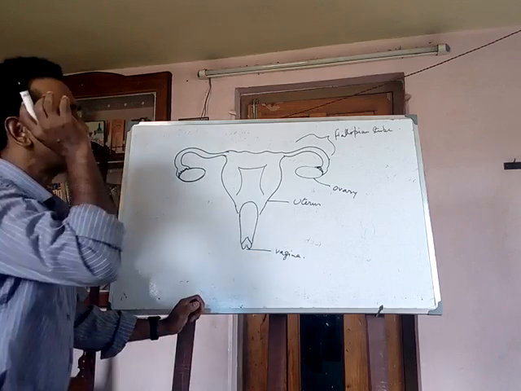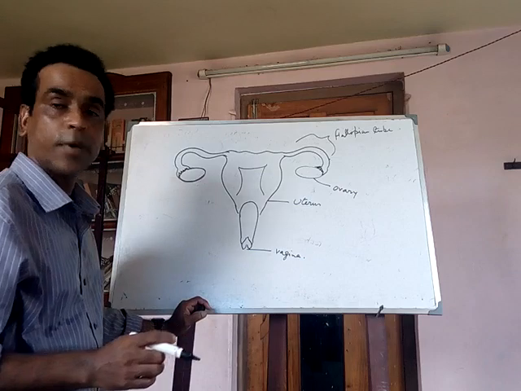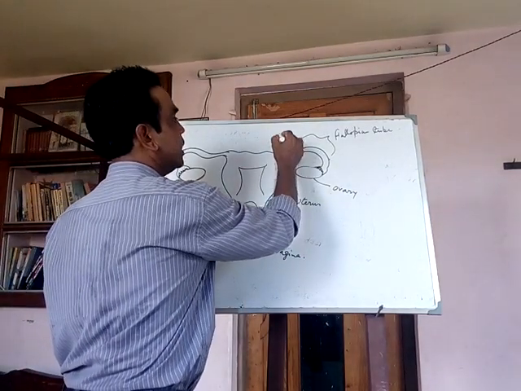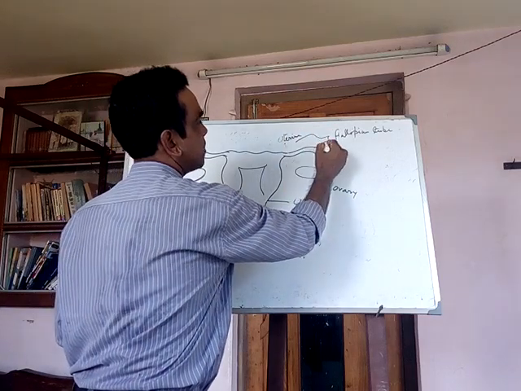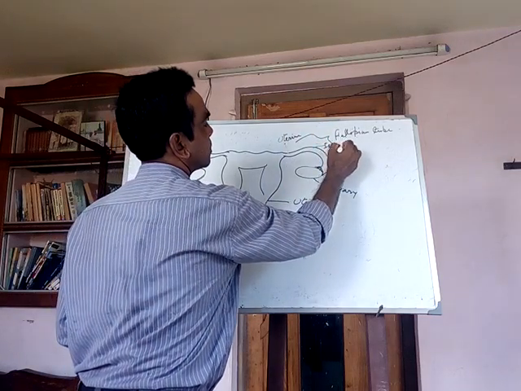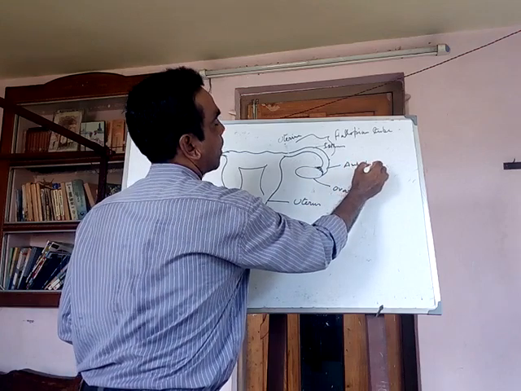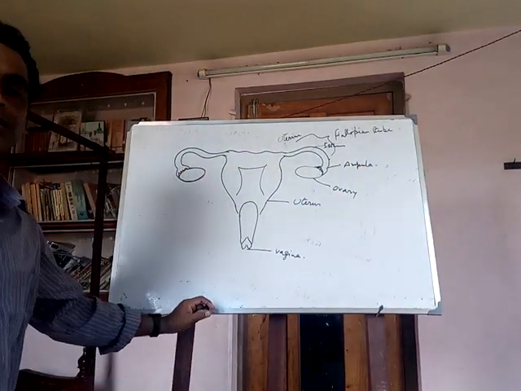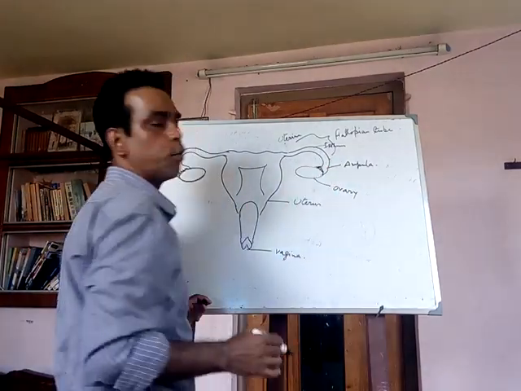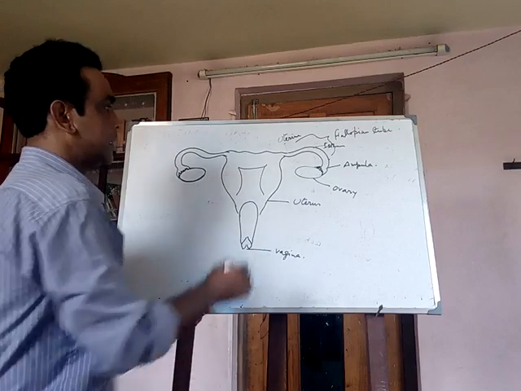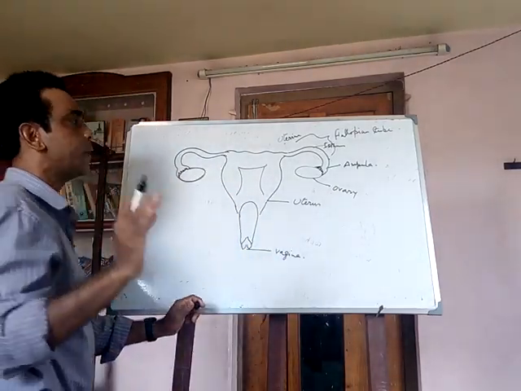Fallopian tubes are separated into three parts: the uterine part, the isthmus, and the ampulla. Fertilization takes place in the ampulla, and the uterus is further divided into three parts.